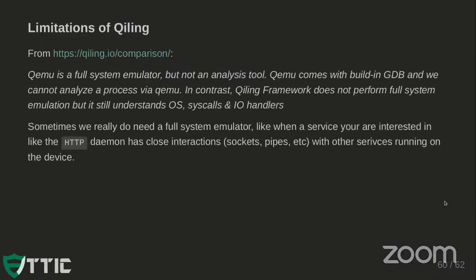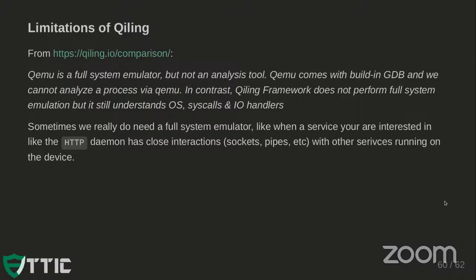Again, you have a limitation in Qiling. The limitation I encountered was that I had to emulate a web server, and that web server depended on other services running on the device.